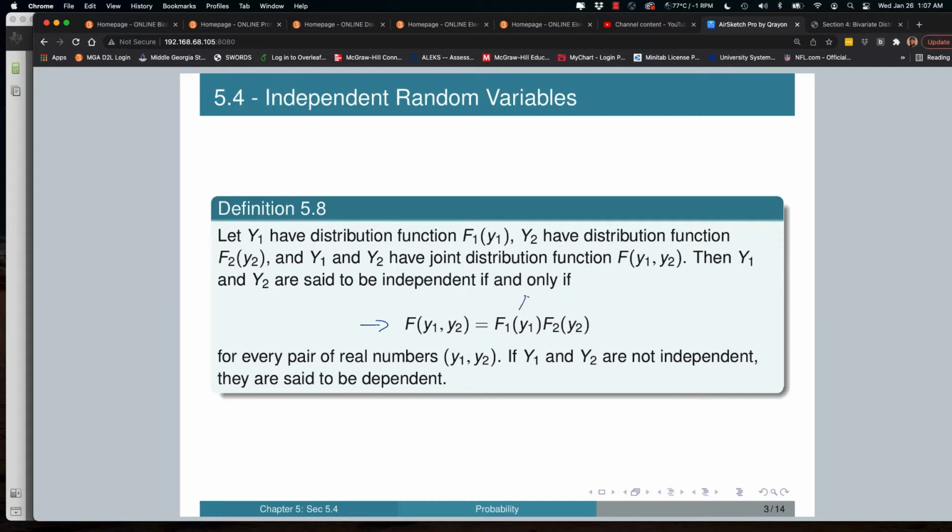So these are representative of the distribution functions for y sub 1 and y sub 2 separately. Okay.